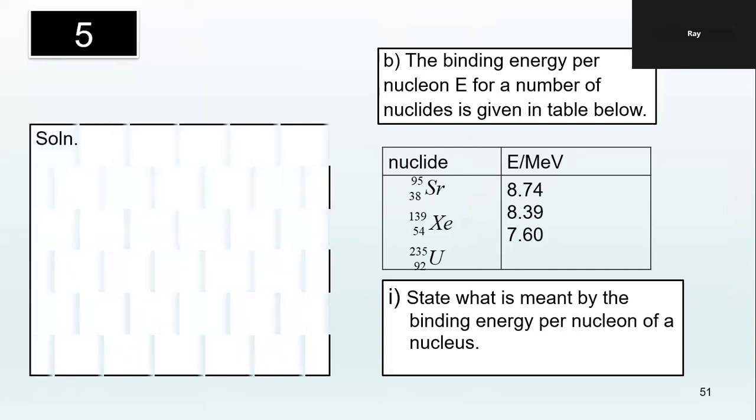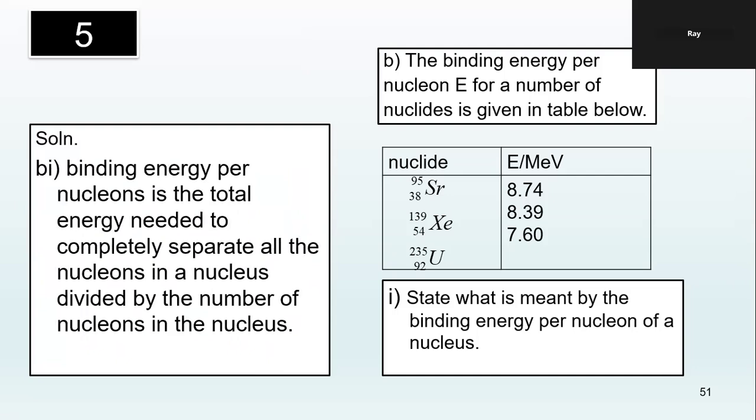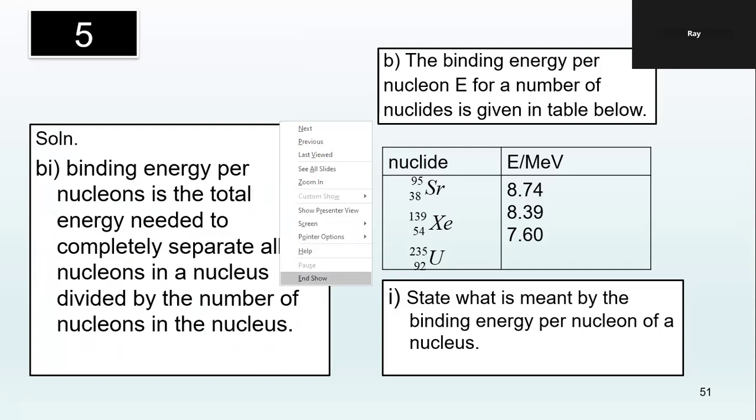Binding energy per nucleon is the total energy needed to completely separate all the nucleons in the nucleus divided by the number of nucleons in the nucleus. Okay, try the next part.